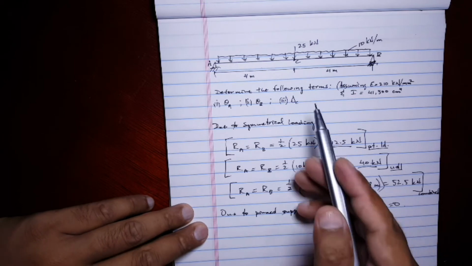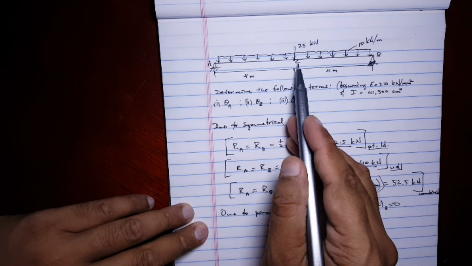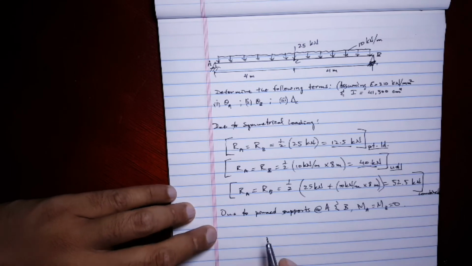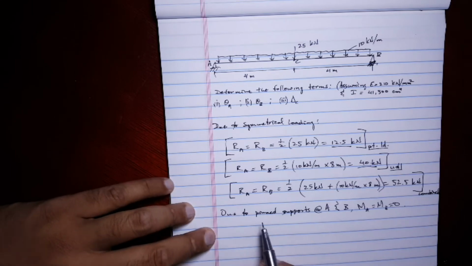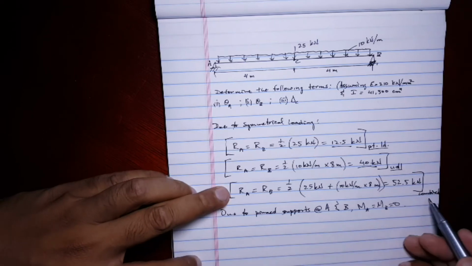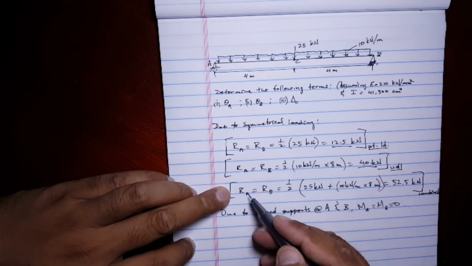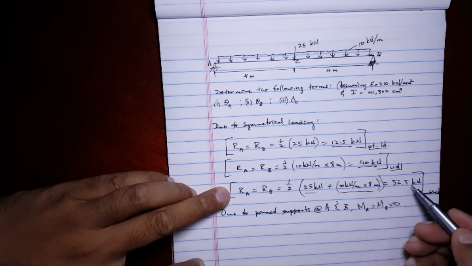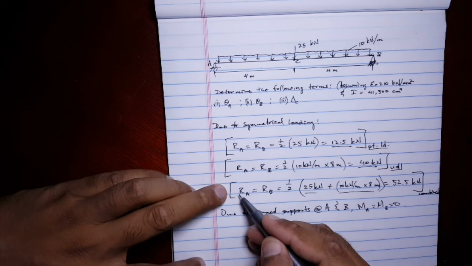The only other thing that you need to find out that's salient on this diagram is the moment at point C. Again, you can calculate them separately and add up the moments to give you a combined moment with the effect of the point load and the UDL combined, the same way you did it for reactions.